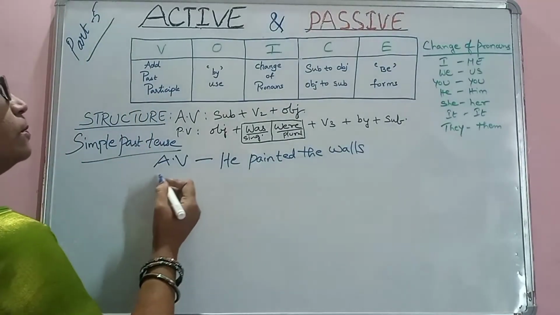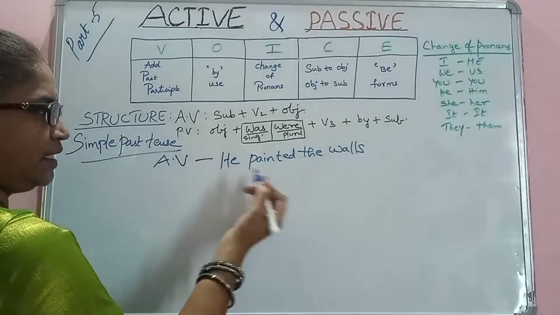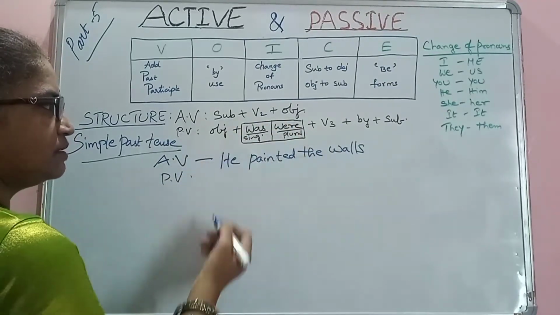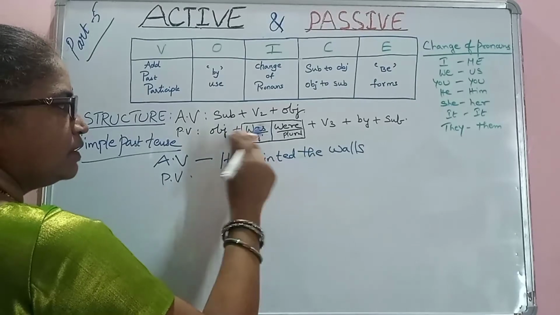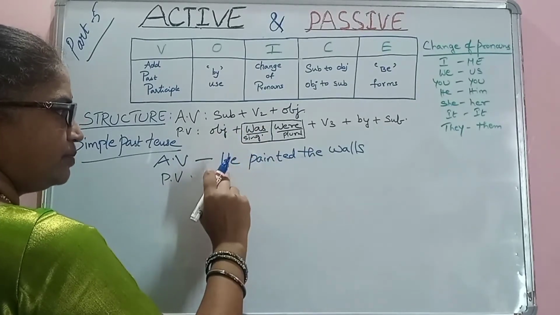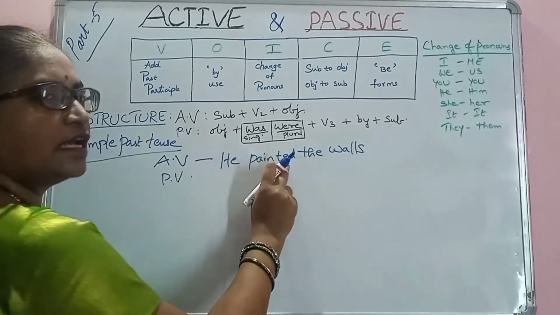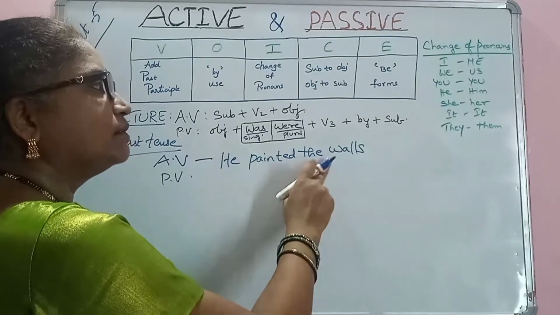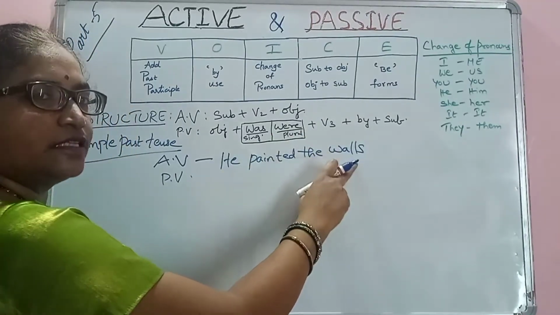When we change that active to passive voice, just follow these rules. This is the subject, this is V2, the verb painted, and the walls are the object.